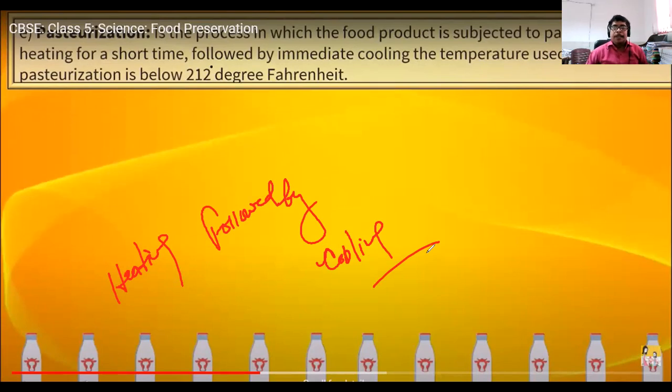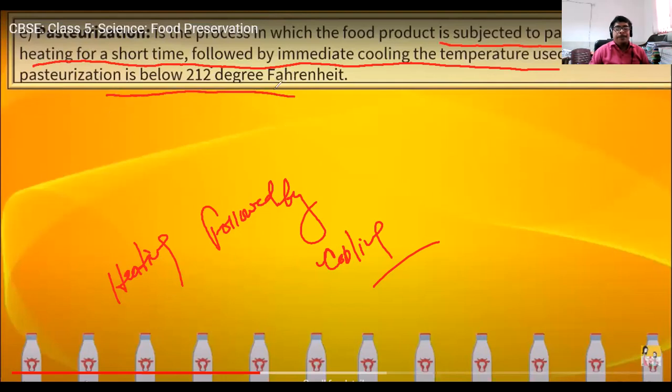After heating, the process in which a food product is subjected to heating for a short time, followed by immediate cooling. The temperature during pasteurization is below 212 degrees Fahrenheit.